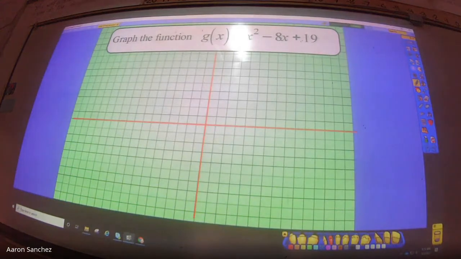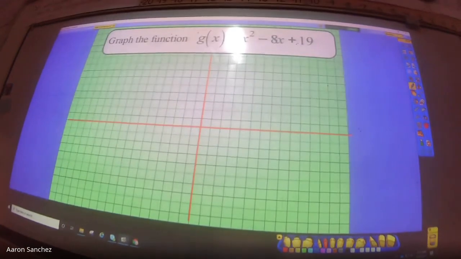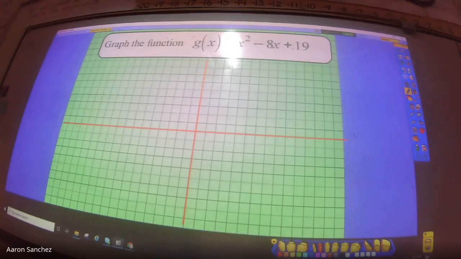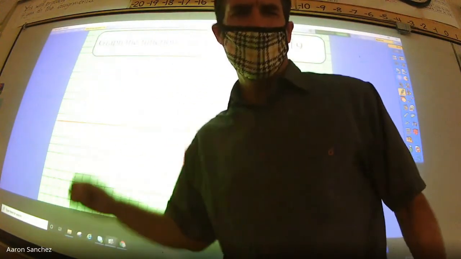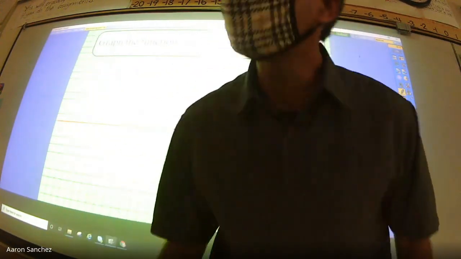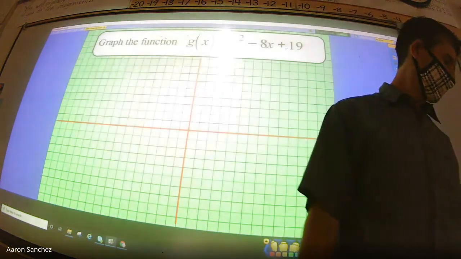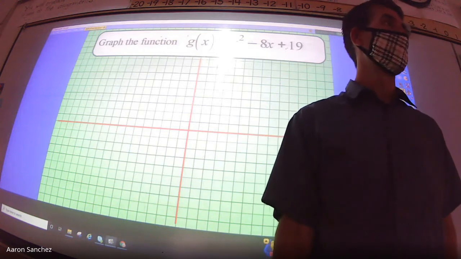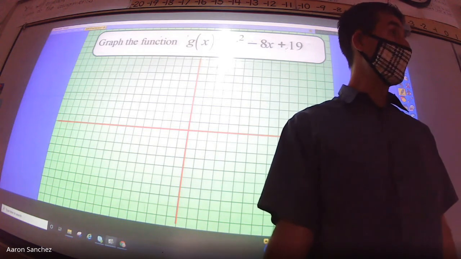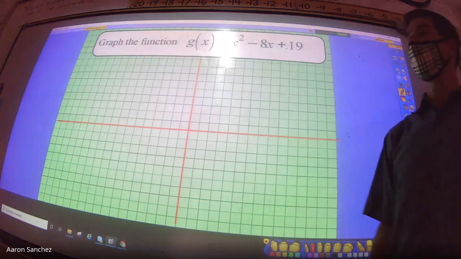How are we going to graph it? Because it's in standard form. You only know how to graph it if it's in vertex form. I want to graph it in vertex form. What do we do? Can we put it in vertex form? We don't know how to graph it because it's in standard form.